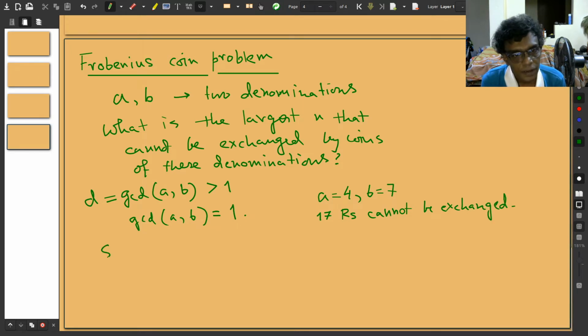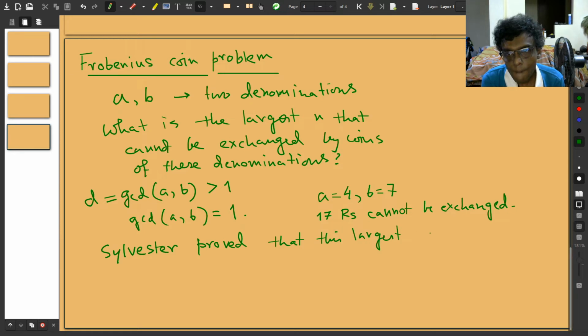In fact, Sylvester proved that in this case, when GCD is equal to 1, this largest amount that cannot be exchanged is nothing but A minus 1 times B minus 1 minus 1.